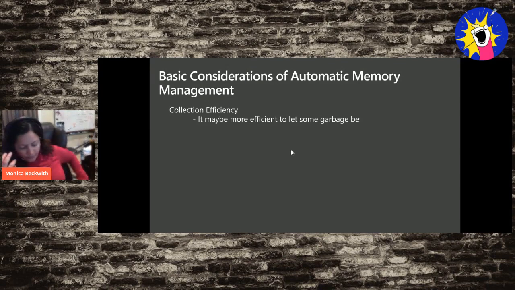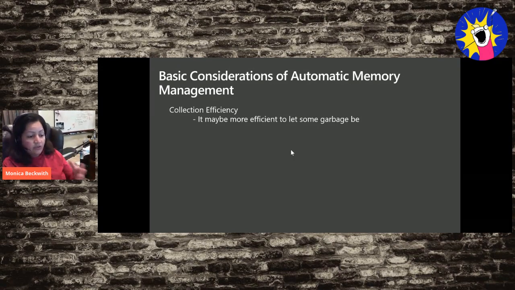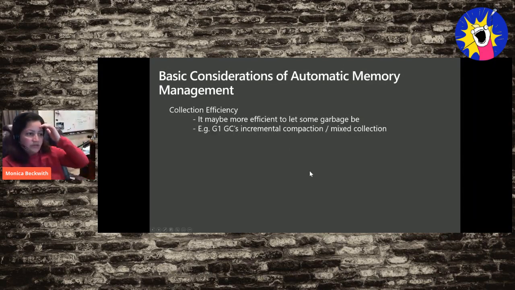For example, I want to get done with my garbage collection work as quickly as possible so I can make way for the application threads. Especially if I'm in a stop the world collector, I want to get out of the way of the application threads.